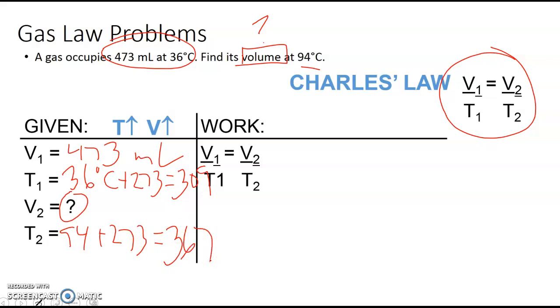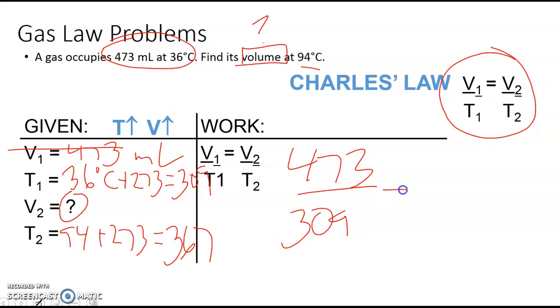So then we're going to take this equation and put 473 in the top. We're going to put our temperature, which is 309, right here, not 36. We don't know what V2 is, so we'll leave that, and then we'll put 367 right here.